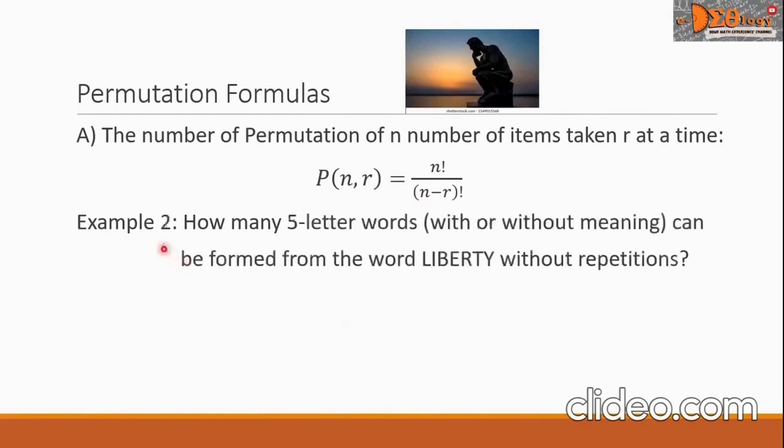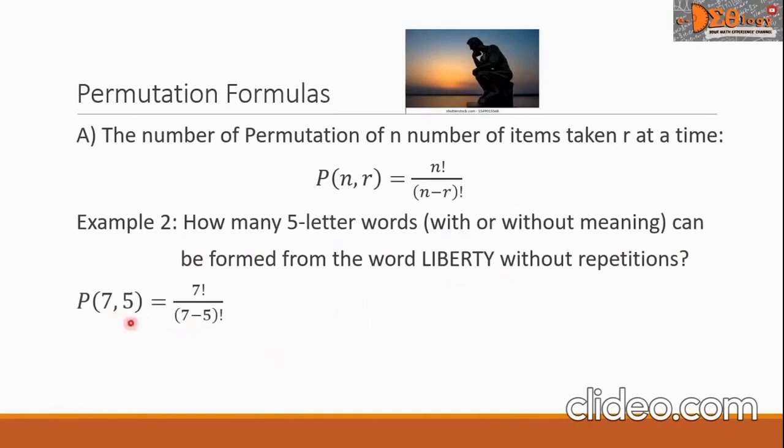Let's have example 2. How many 5-letter words, with or without meaning, can be formed from the word liberty without repetitions? So our formula is P of 7, 5. The number 7 comes from the number of letters in the word liberty.